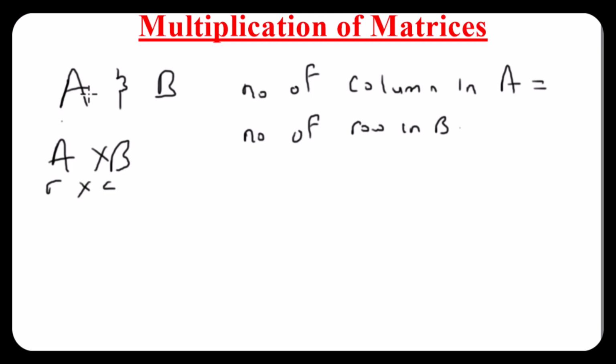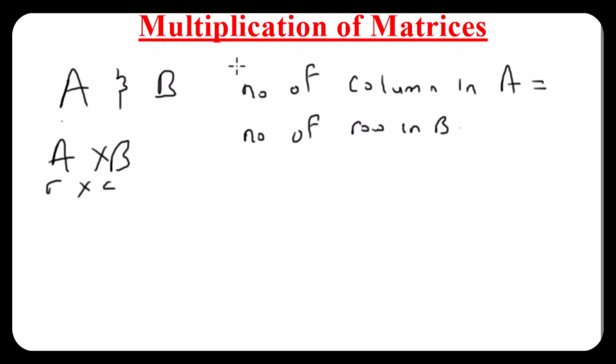But remember, the most important thing is that for two matrices to be multiplied together, they must be compatible. And compatibility means the number of columns in the first matrix must be equal to the number of rows in the second matrix.